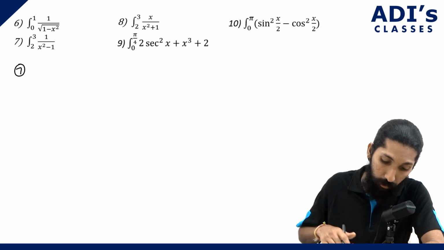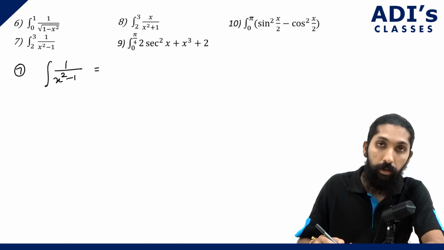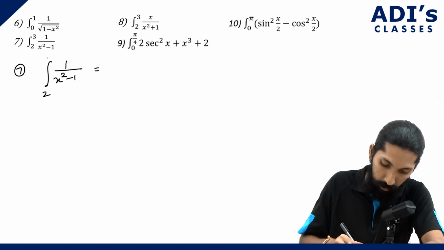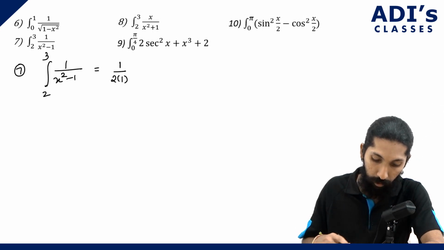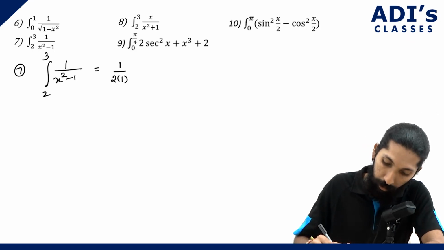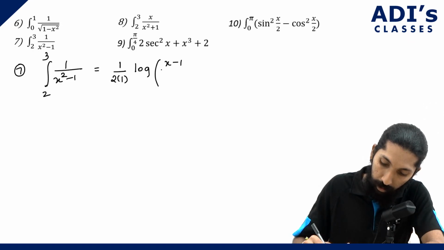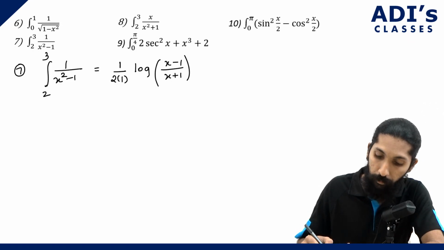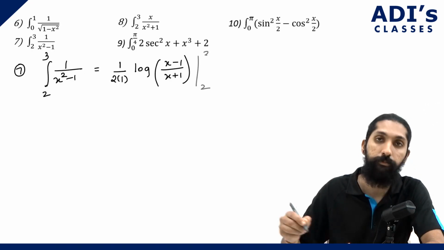So what you have now is integral 1 by x square minus 1, of course, the limit is 2 to 3. 1 by 2 times 1 because the a value is 1. 1 by 2a into log of x minus 1 by x plus 1, isn't it? From 2 to 3.